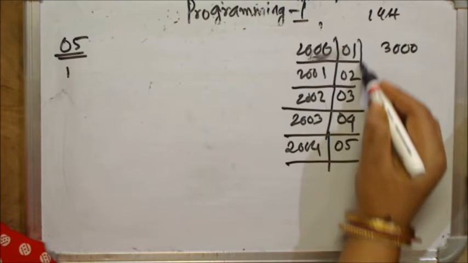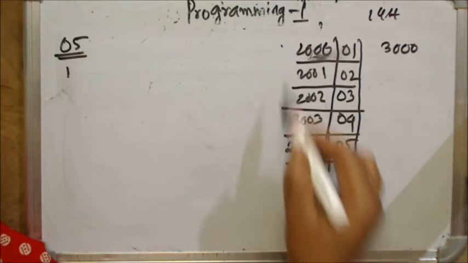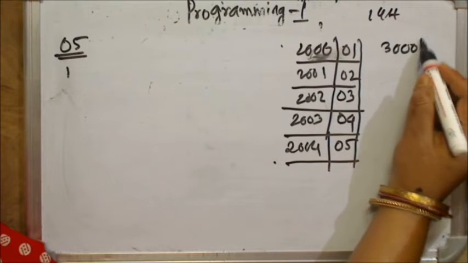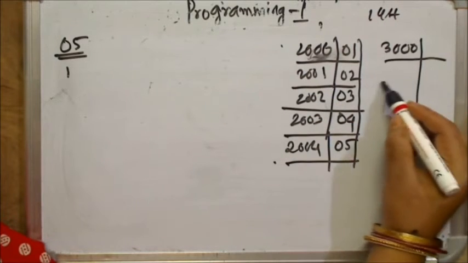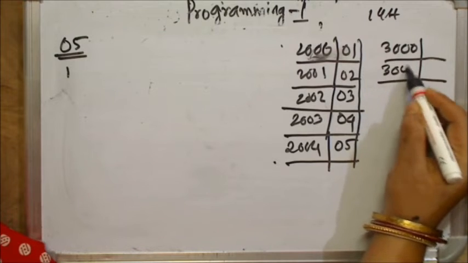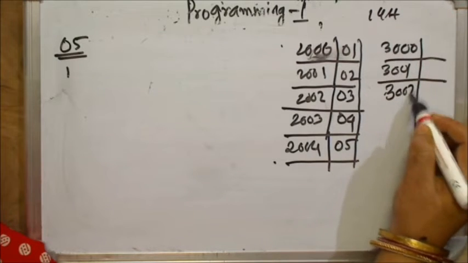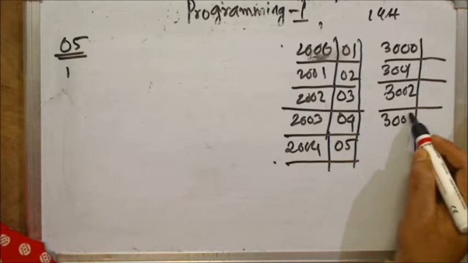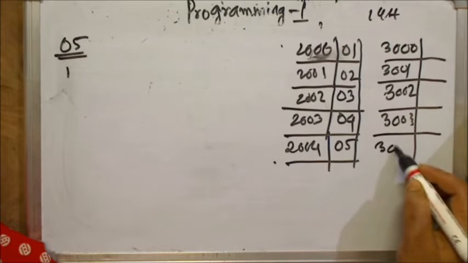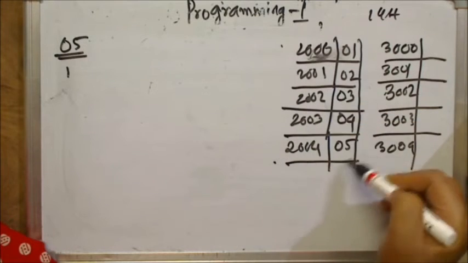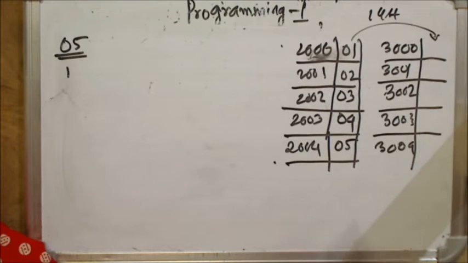So these are the 5 bytes stored in memory locations from 2000 to 2004. You have to transfer these bytes to 3000, 3001, 3002, 3003, and 3004. So you have to transfer these 5 bytes of data into these memory locations. That is copy and paste.